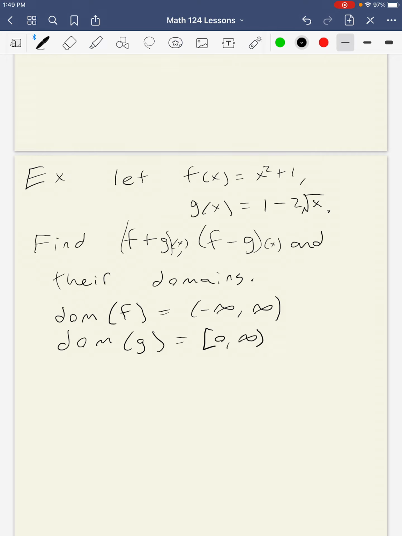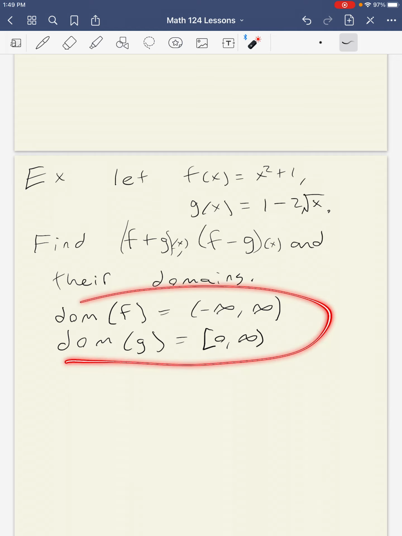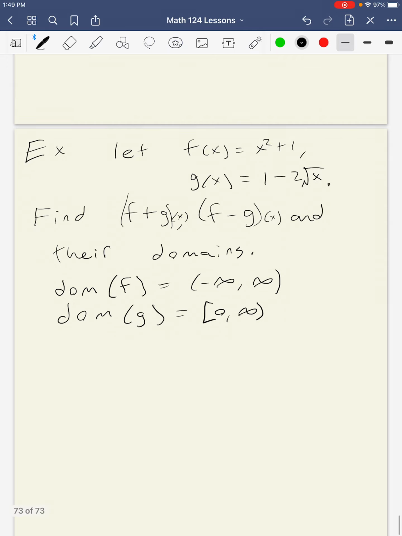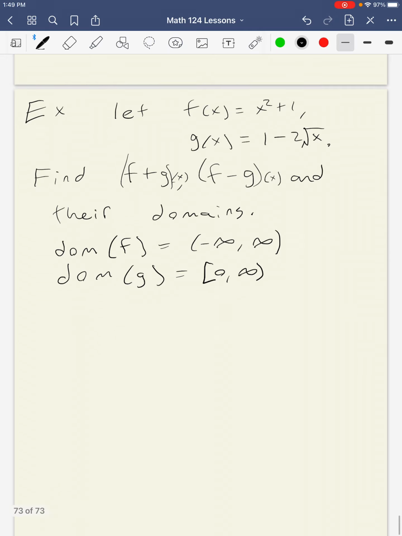As I've said in previous lessons, in this class when we're dealing with variables under a square root, we request that the variable is greater than or equal to 0. So here's the two domains. Now let's just put that off to the side for now. We'll use this information shortly.